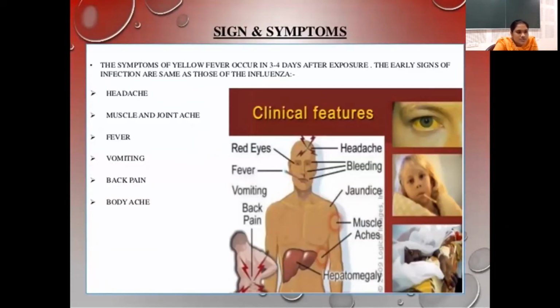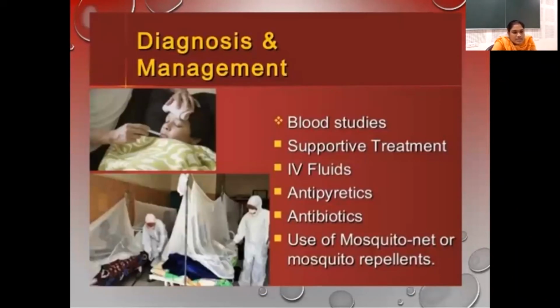The signs and symptoms, as the name indicates, are yellow fever, jaundice, red eyes, headache, joint pains, fever, vomiting, backache, body aches, bleeding, and muscle aches, myalgias, and hepatomegaly are usually present.